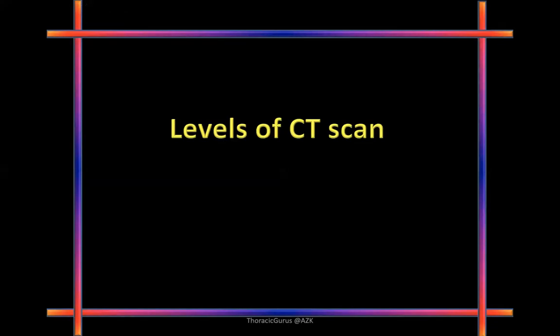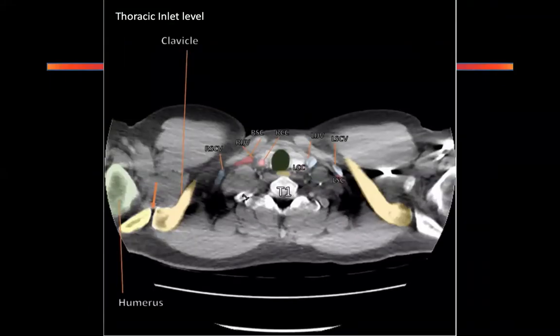Okay, now I'm going to show you the 5 levels that are of importance. Now the whole thing is difficult to explain in an online class, but I'll just show you the 5 levels that are important, okay? So understand this, this is the thoracic inlet level. When you read a CT, you must read it at these levels.